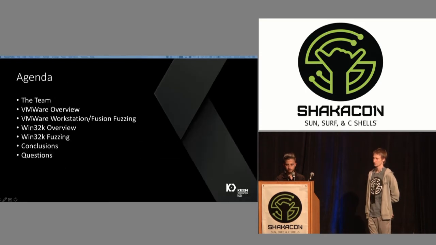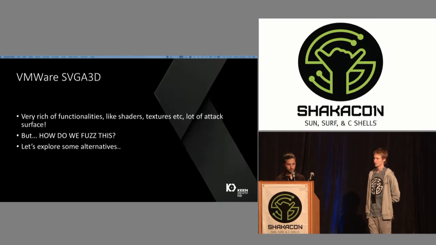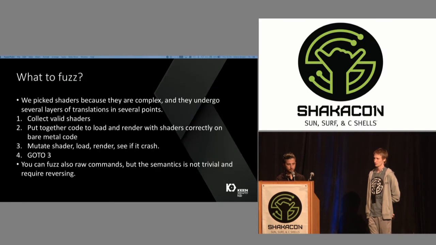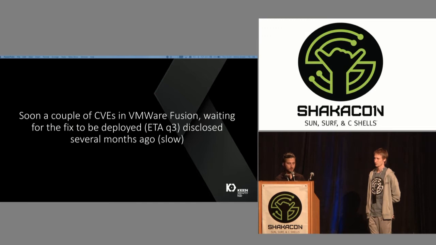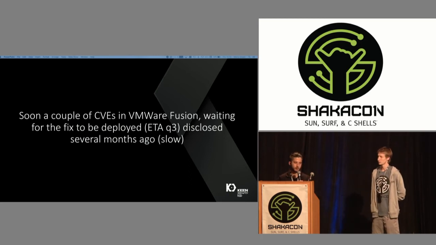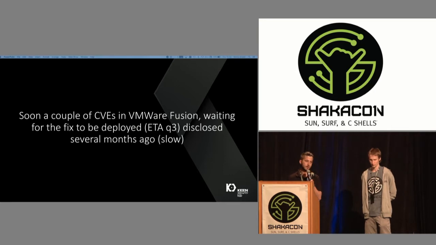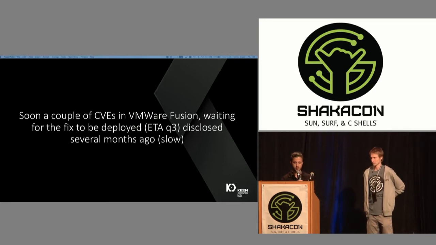Okay, so soon we will post some CVE in VMware Fusion, because VMware is very slow. We disclosed this bug several months ago, but they finally decided to deploy the fix in Q3 2016. So we have to wait before publishing the details.